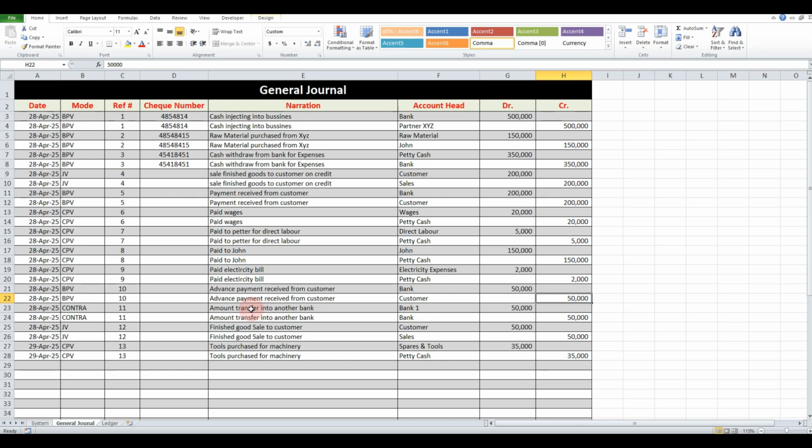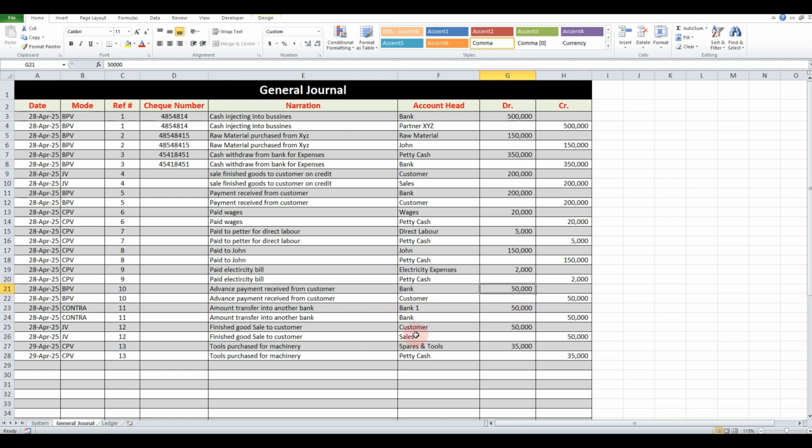Now the eleventh entry shows amount transferred into another bank. It's a contra entry to another bank. So one bank is debited and the previous bank is credited. Now the twelfth entry, finished goods sold to customer. I have received 50,000 from the customer.